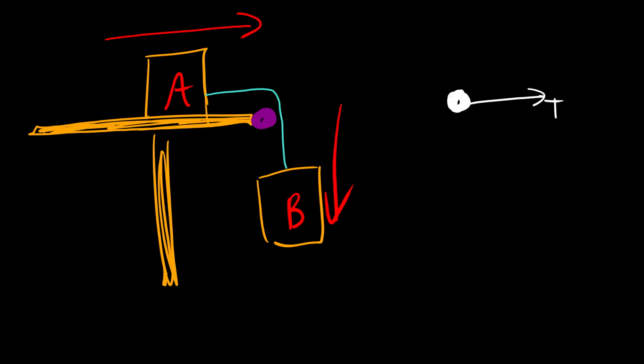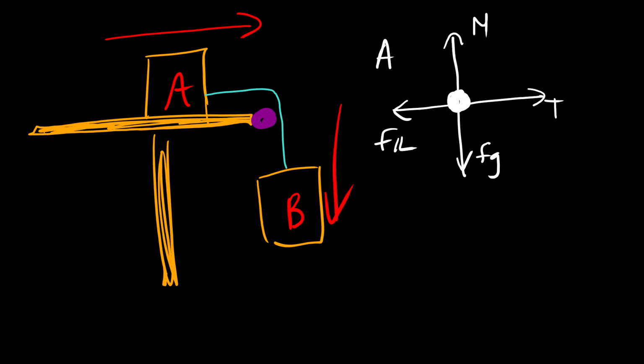By the way, the surface is rough, so we have kinetic friction, normal force, and Fg. This is A, and then for B, we have Fg and tension.